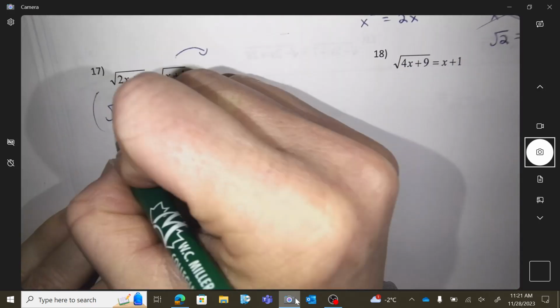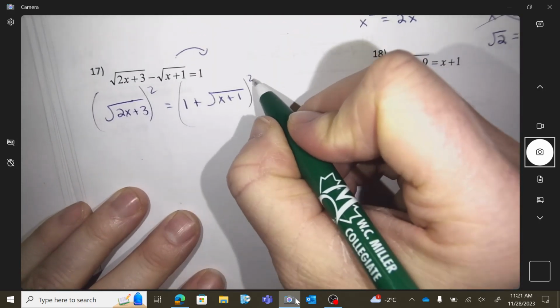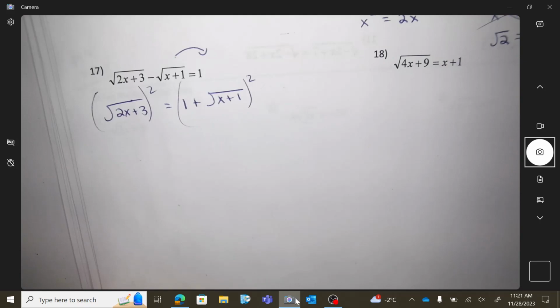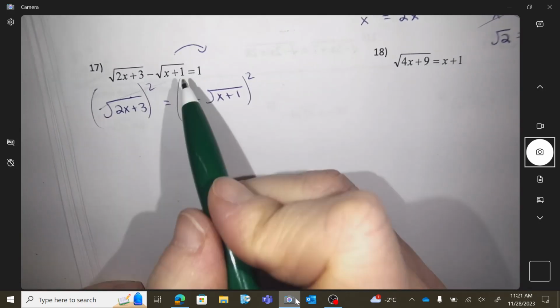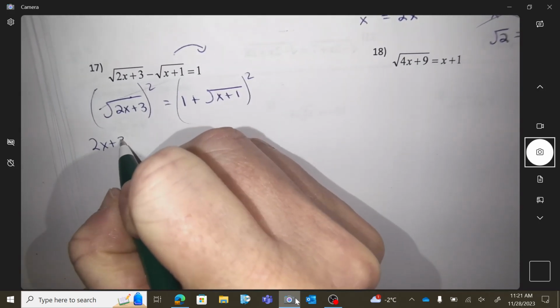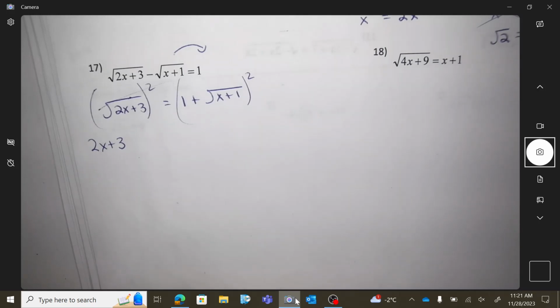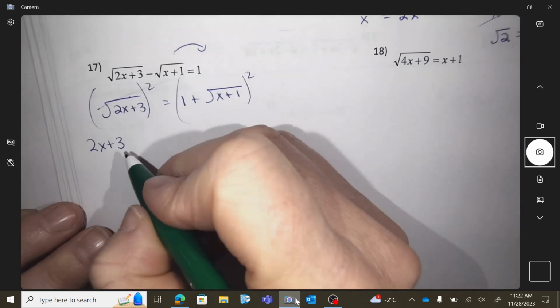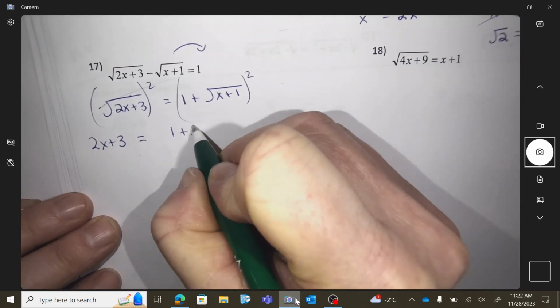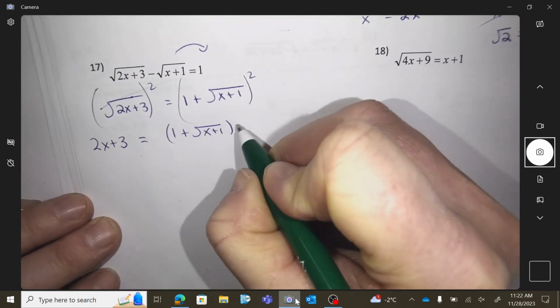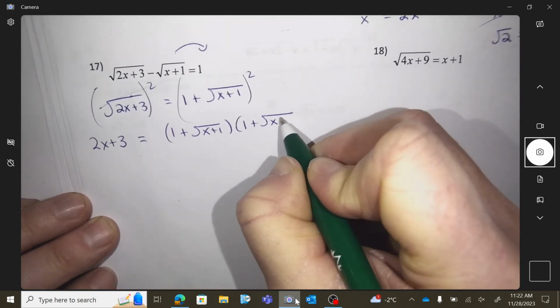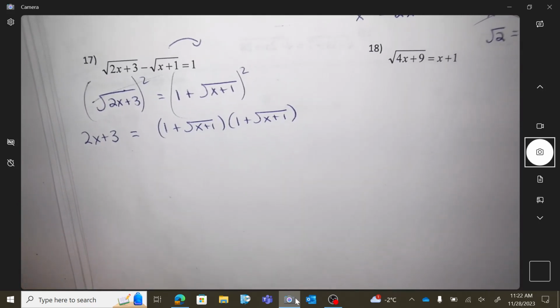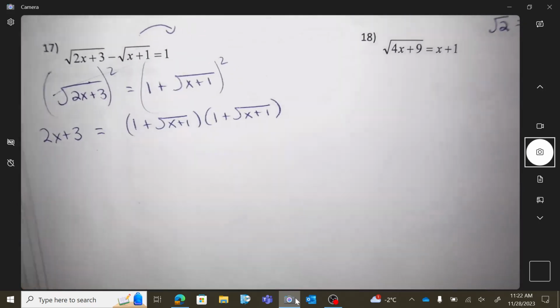Square this side, square this side. It helped us in making the one side simplified, right? 2x plus 3, nice and simplified. But here, guess what happens? I have to square a binomial. Squaring binomials, right?